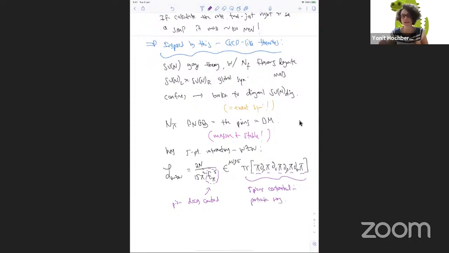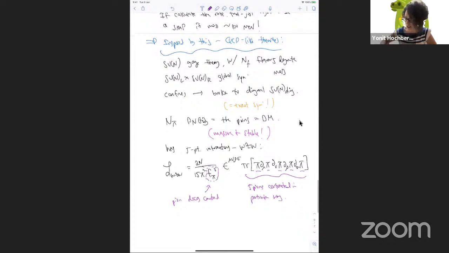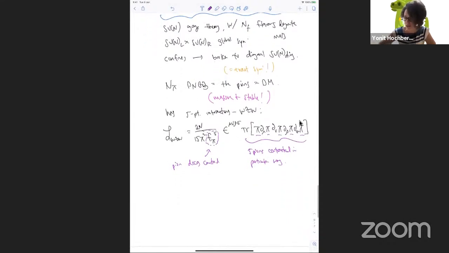Okay, so once I have my theory, I now understand what my Lagrangian looks like, and I can take this and do some computations with it. And what we've spelled out here, inspired by the standard model, doesn't have to be done just for a gauge group that's so similar to QCD. I'll just mention briefly that you can do this exact same thing for any SU gauge theory, but you can also do it for an SO gauge theory or for an SP gauge theory, provided that you have enough flavors.